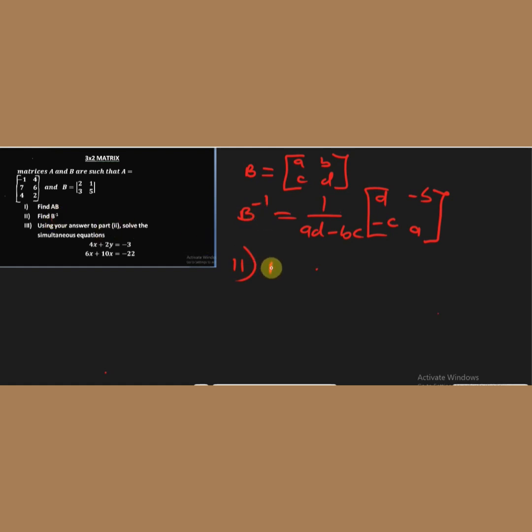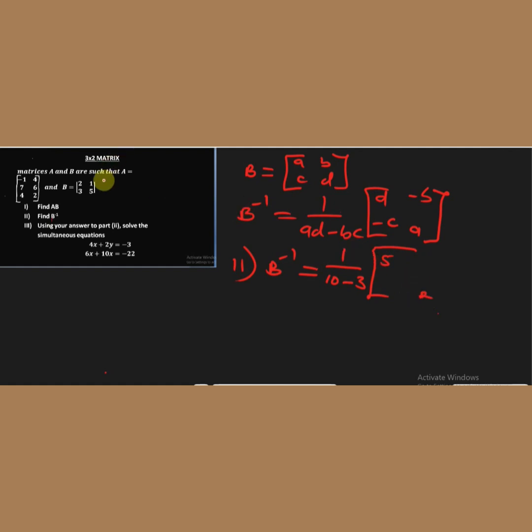B. So finding the inverse of B now. This is going to be 1 over the determinant. Now this is going to be 5 times 2, that is 10, minus 3 times 1, that is 3, then times. Remember that 5 will go up, 2 will come down.